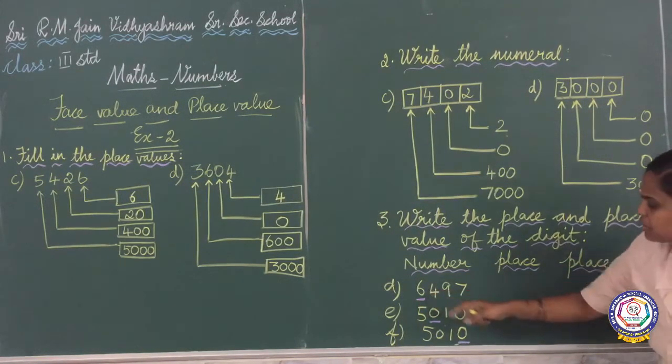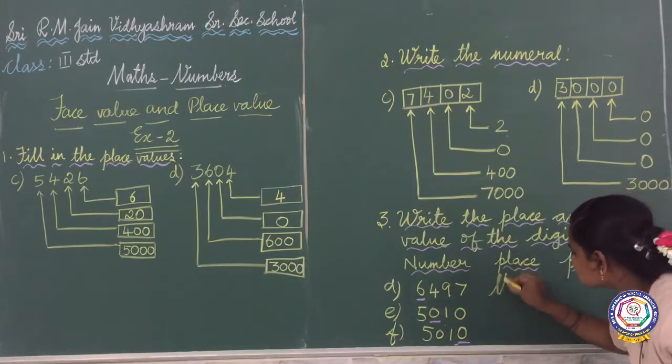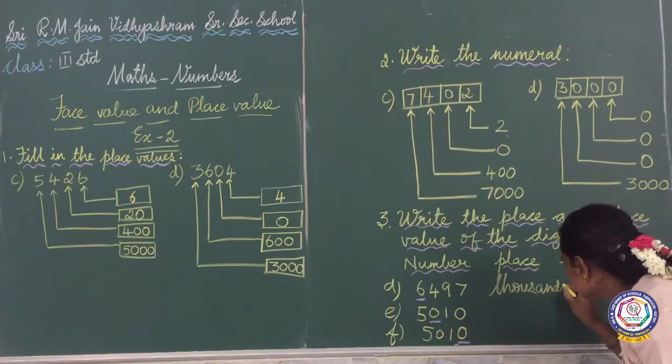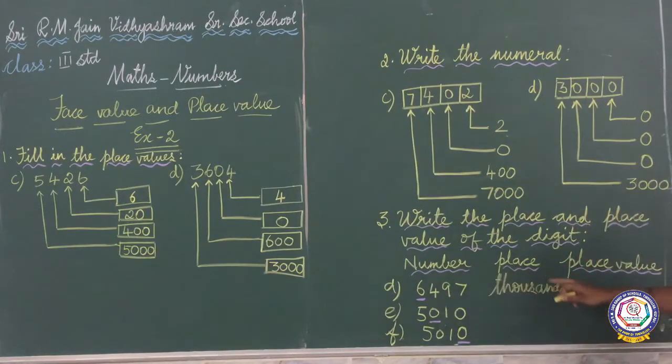So the place of 6 is thousands, and the place value is 6,000.